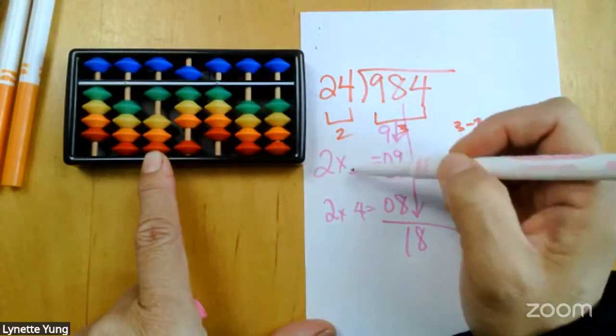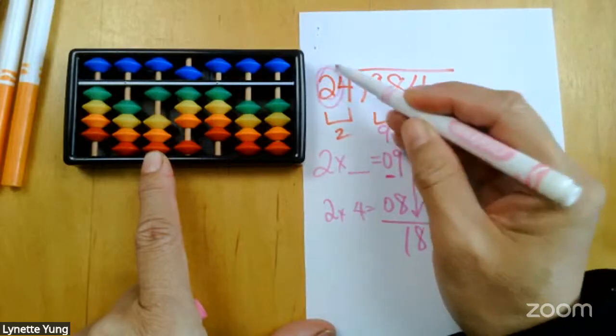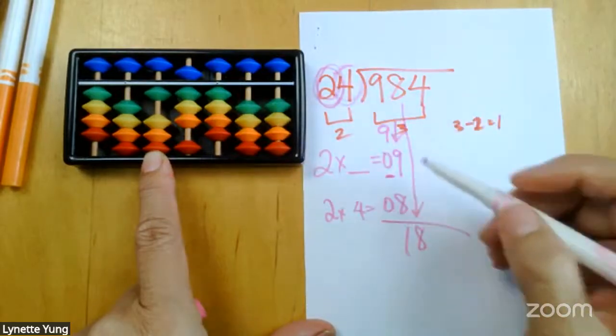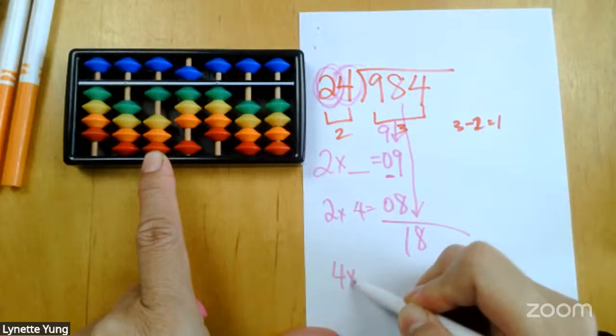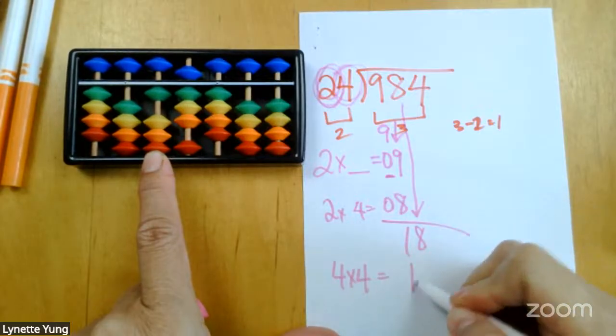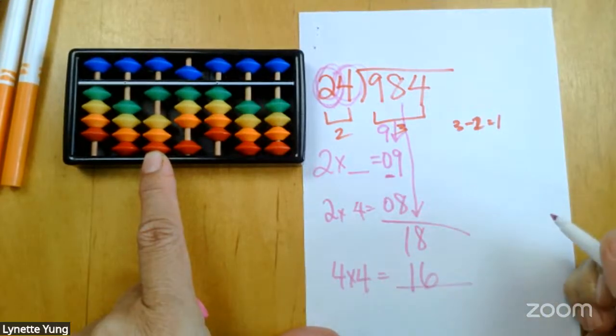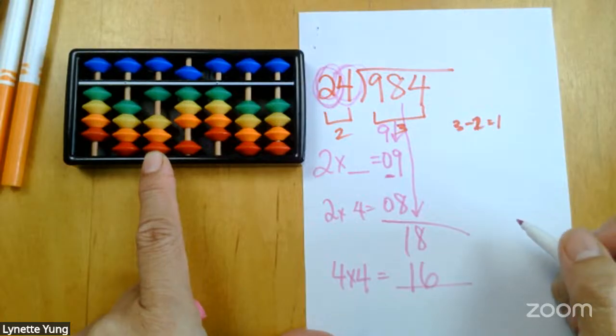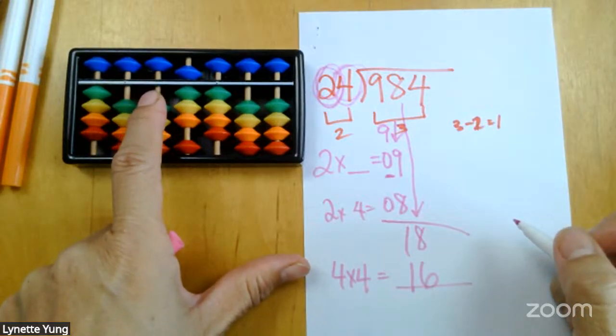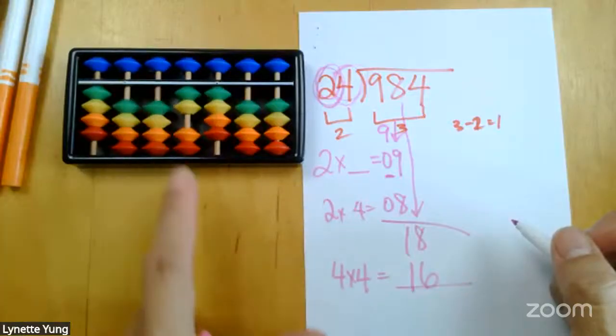Because we did 2, we got to do 4. 4 times 4 is equal to 16. Take away 1, take away 6.